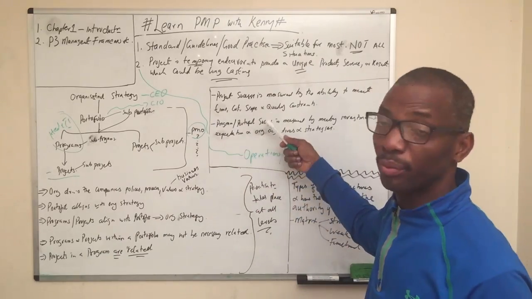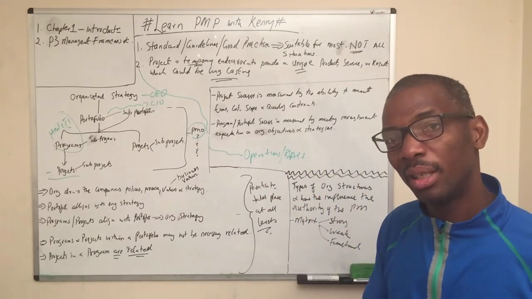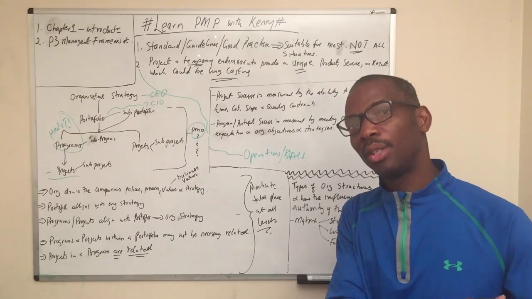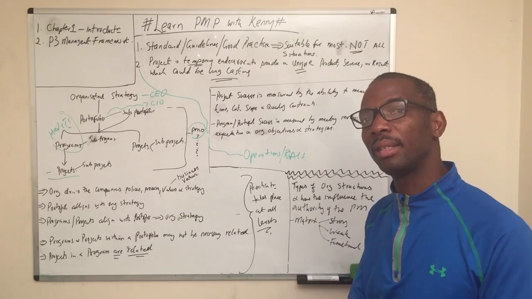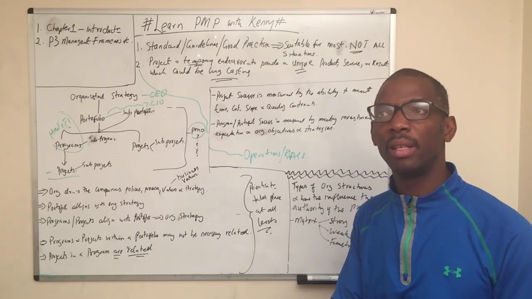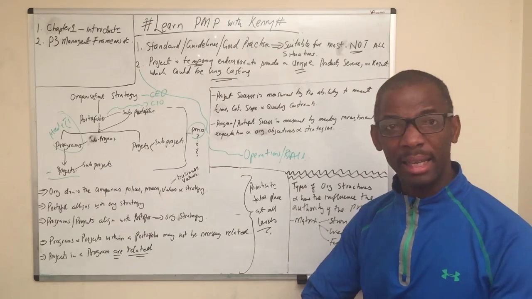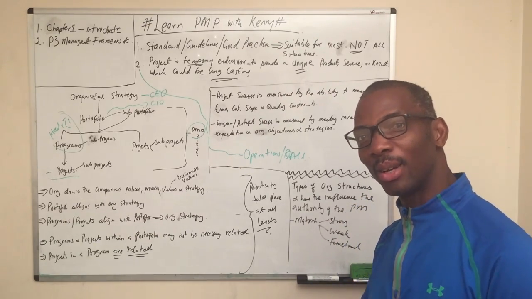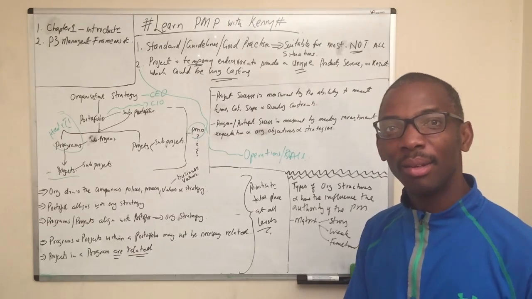Whereas the program or portfolio is actually measured by the success of achieving the organizational strategy and the investments for which the organization decided in the first place. So, we invested in buying a lot more aeroplanes, and we're getting the value because we're now getting customers, and the planes are flying.